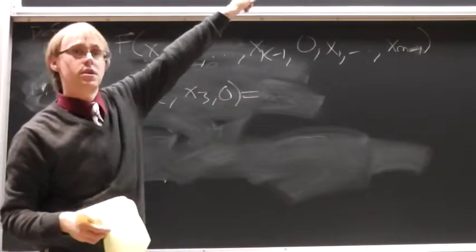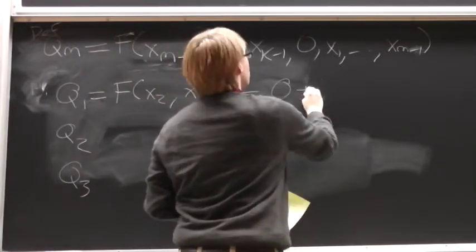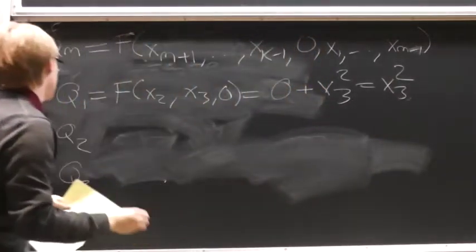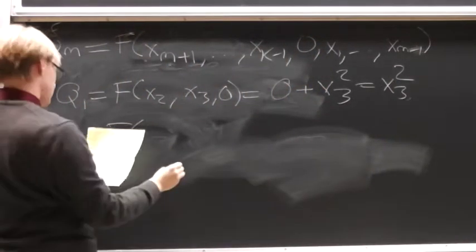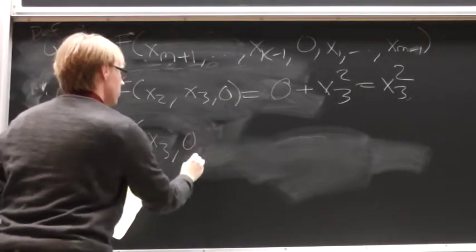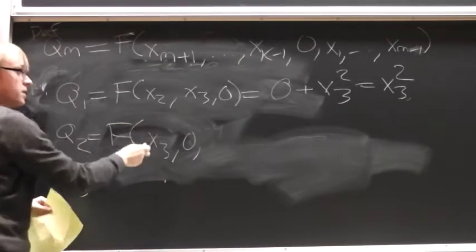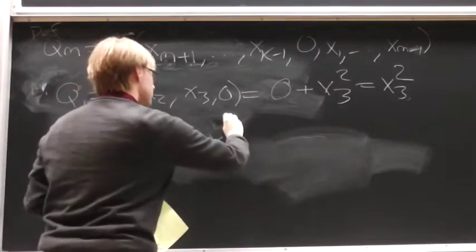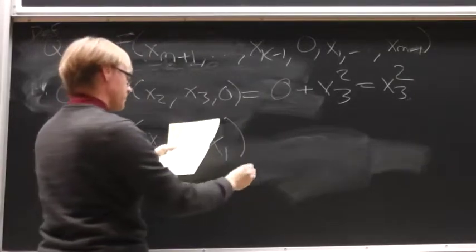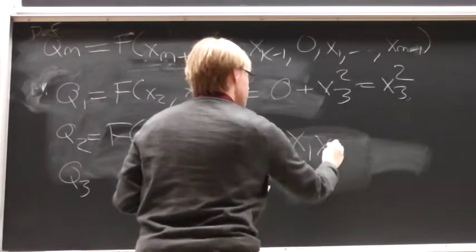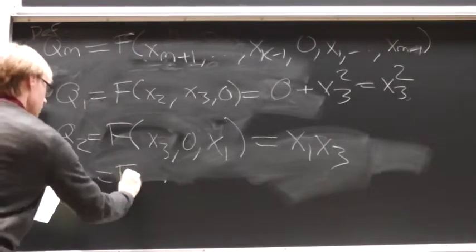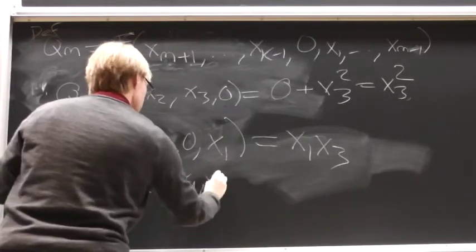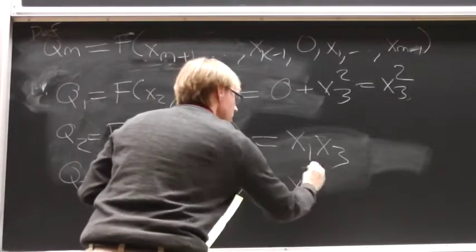Making the appropriate substitutions gives us 0 plus x3 squared. Q2 is going to be x3, comma 0, comma x sub 1, since this was 2 plus 1, and that's going to be x1 x3. And then Q3 is f of 0, x1, x2, which gives x1 squared.